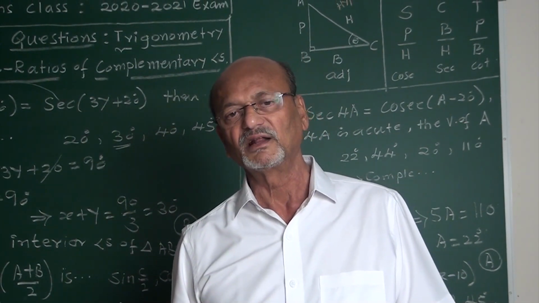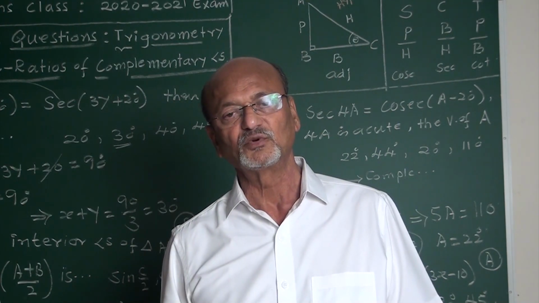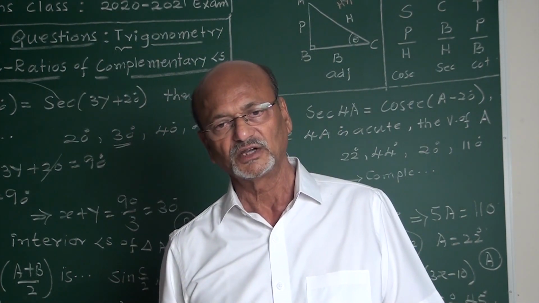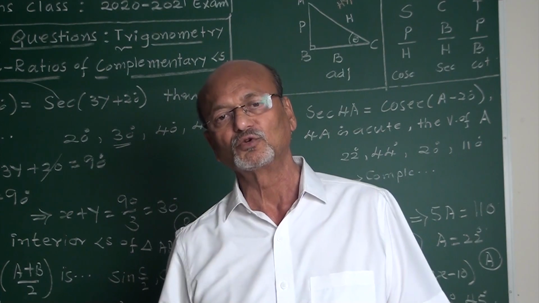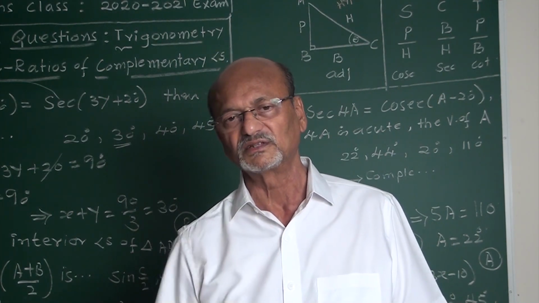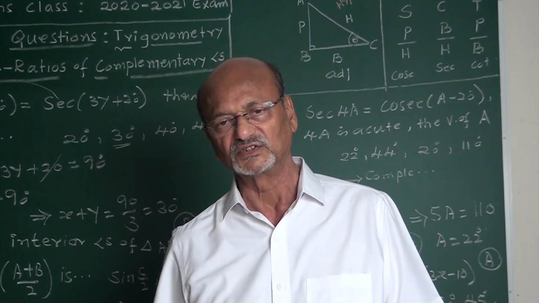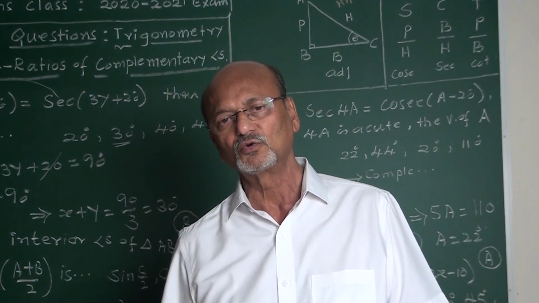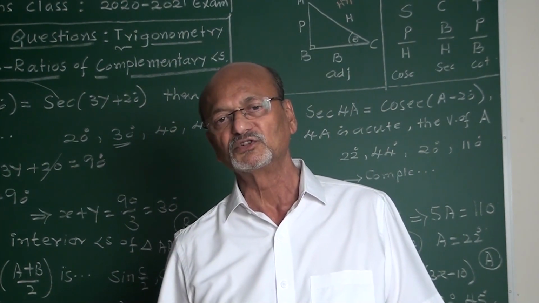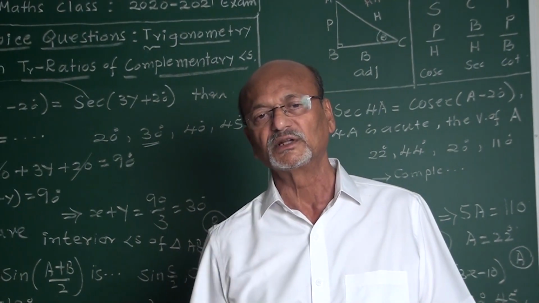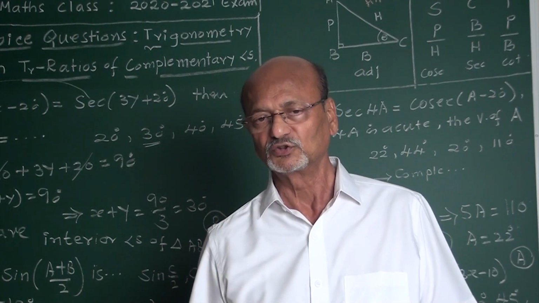And finally identities, sin square theta plus cos square theta is 1. And some very few examples on heights and distances. By taking another 1 or 2 classes, I can finish this objective type or multiple choice questions on trigonometry.